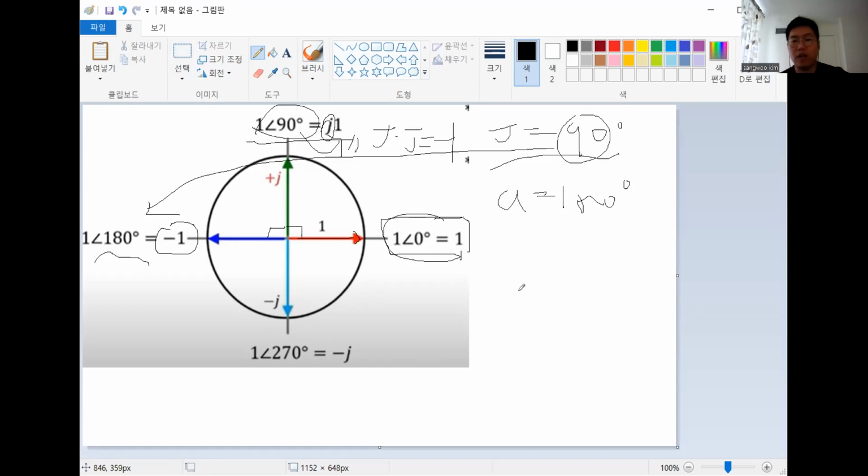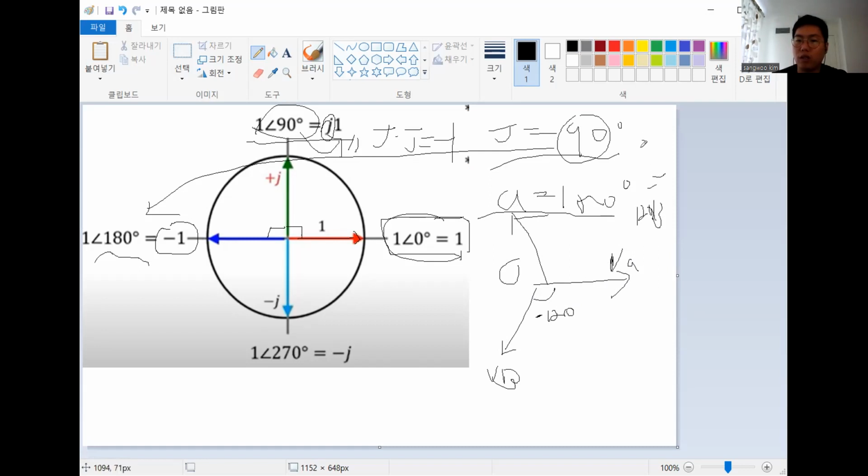Okay, guys? And A is, for example, magnitude 1. And minus VB, because we are using a three-phasor system, so multiply 3. And VC could also be explained as -240 degrees here, right?